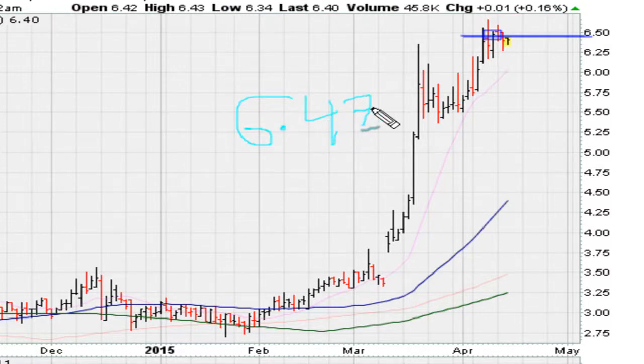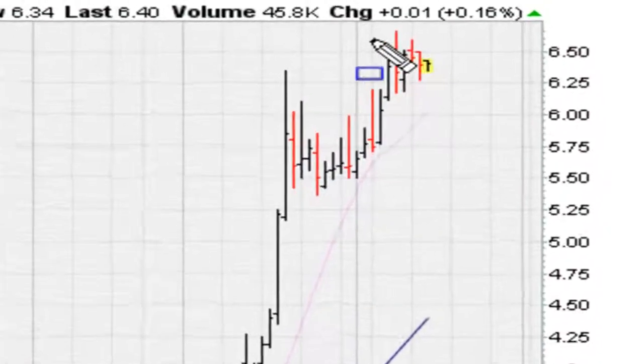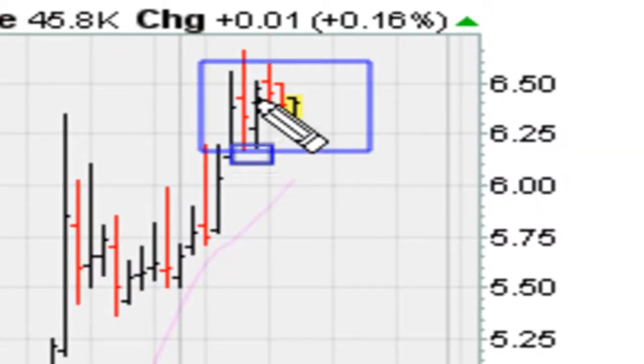6.47, and you can see here that we've had at least more than 2 days of rest. We are now on day number 3 of a rest period. Hope you can see that. So here we are on day number 3 after closing right there.